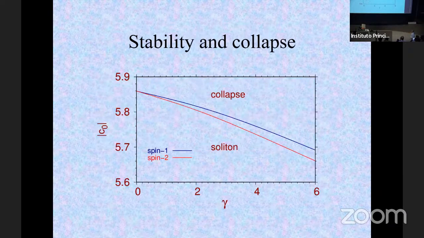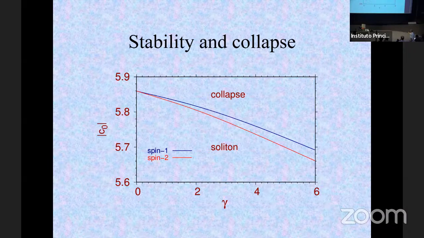Now for spin 1 and spin 2, we are talking about a soliton-free system. So you have to have a large negative nonlinearity so that a soliton or bound state is formed. And this is the collapse region, like a scalar BEC.